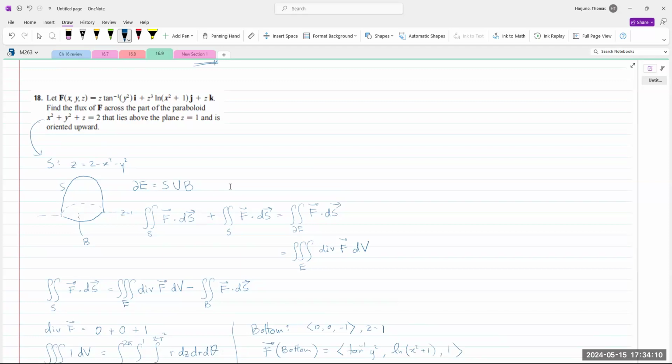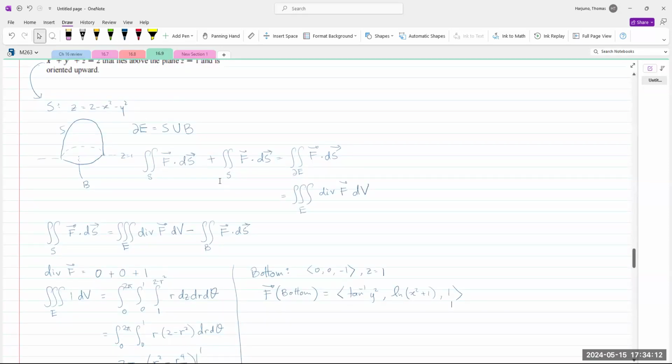Now, you may be afraid of that tangent inverse y squared and natural log of x squared plus 1, but when you do the dot product, you only get that -1. So the double integral over the bottom of f dot oriented surface S will be the double integral over that domain D, which is the disk with radius 1, of -1 dA.